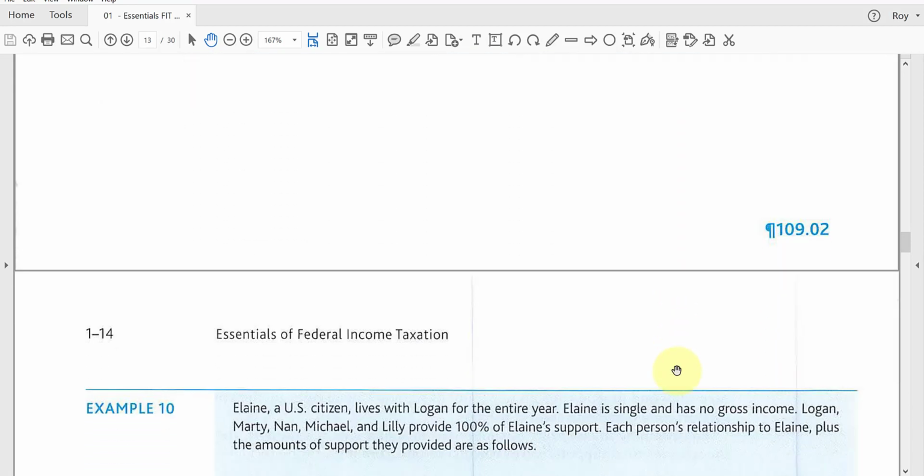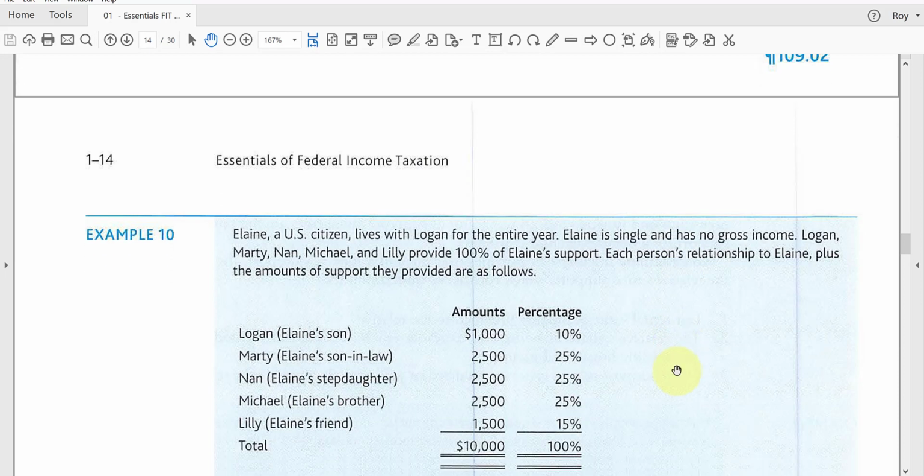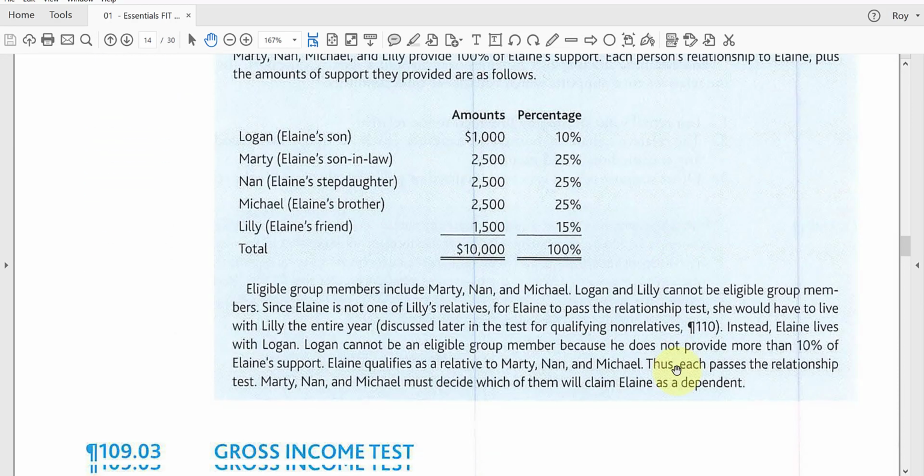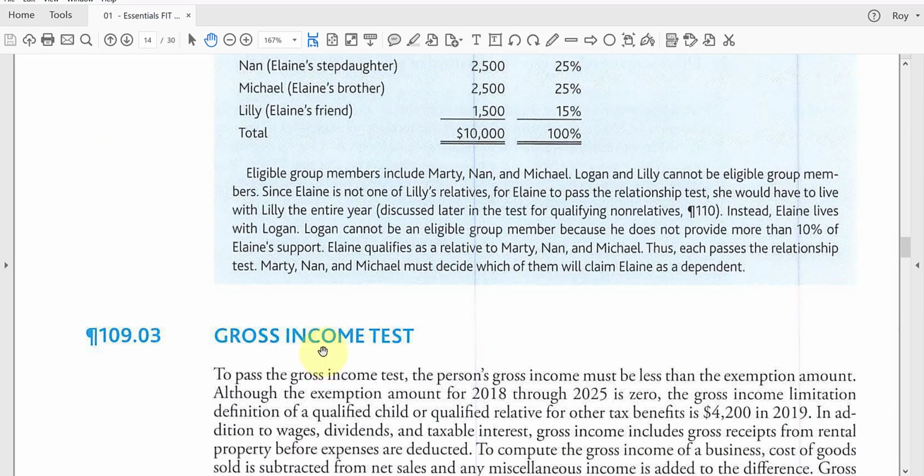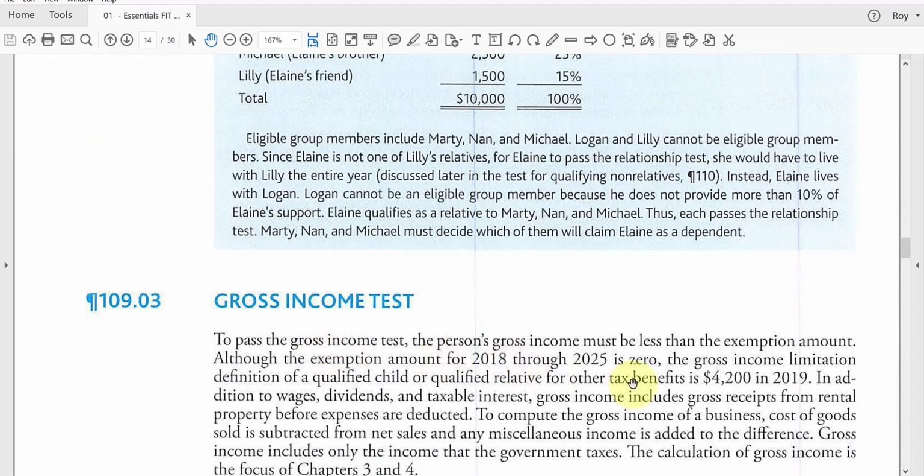Now, another test that may be difficult for older dependents to meet is this one called the gross income test. If the dependent has taxable income, earned income they earned during the year, of more than $4,200, this disqualifies them from being a dependent. Again, this is for not a qualifying child. A qualifying child doesn't have to meet this gross income test.